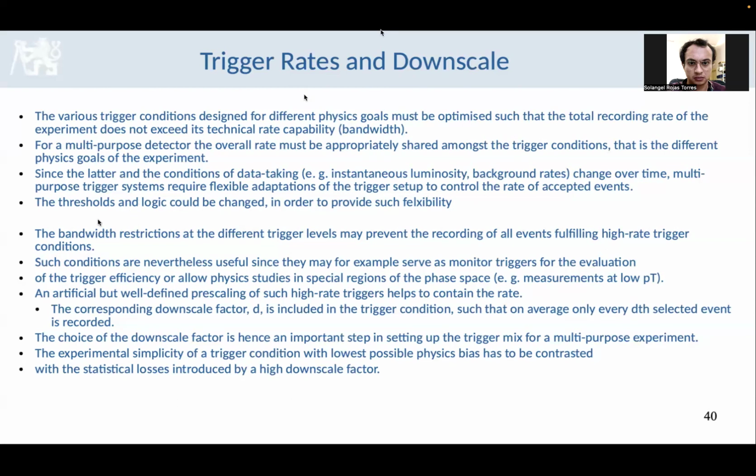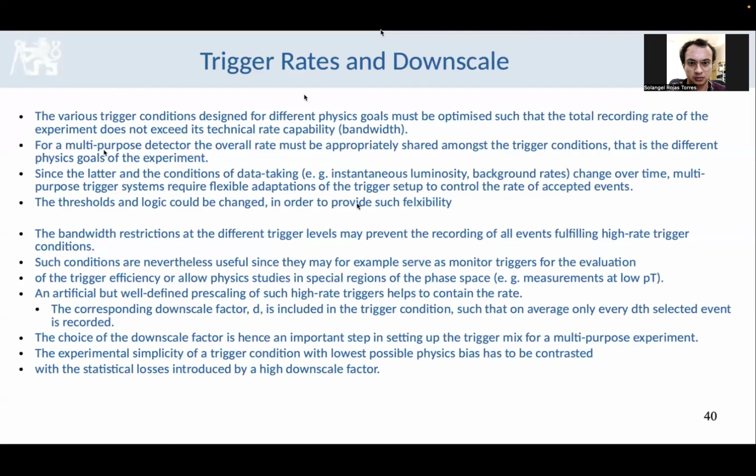Depending on the conditions of the data taking, the trigger rates can change in time.